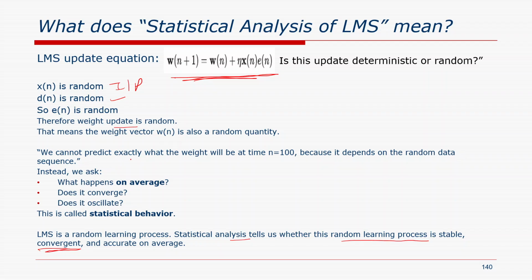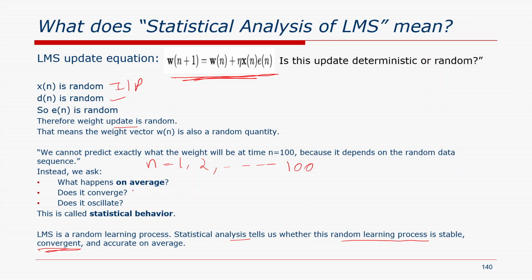We cannot predict exactly what the weight will be at time n equal to 100, because it depends on the random data sequence. As we keep running the algorithm from n equal to 1 up to the 100th iteration, I will get some weight vector.